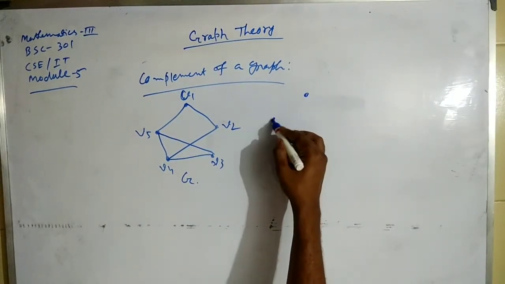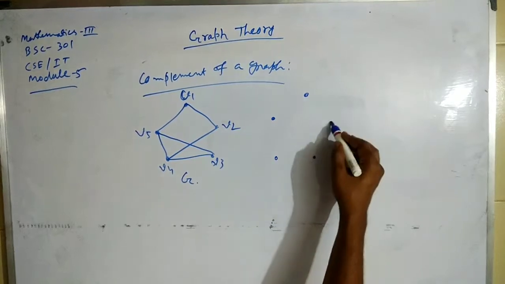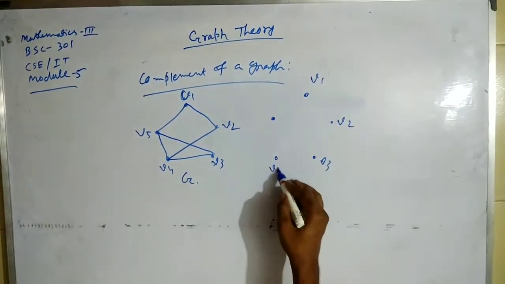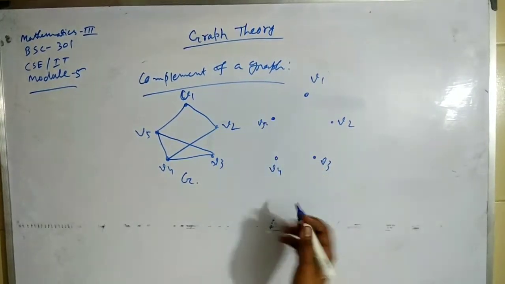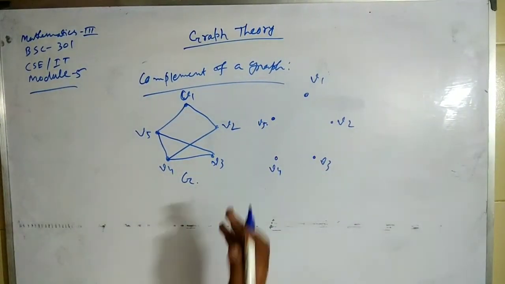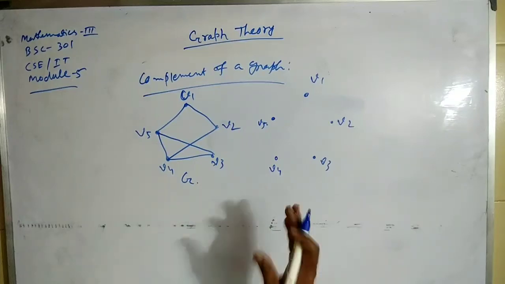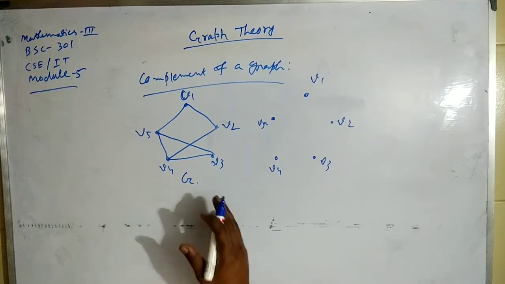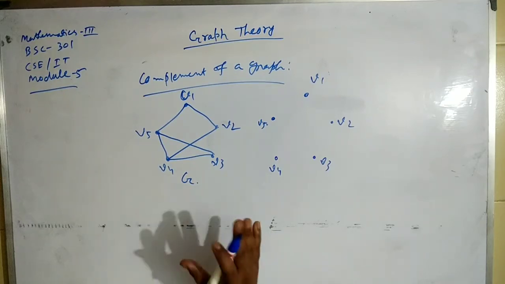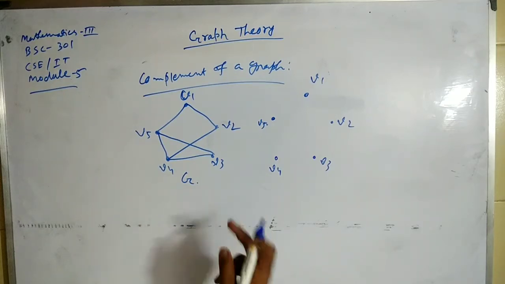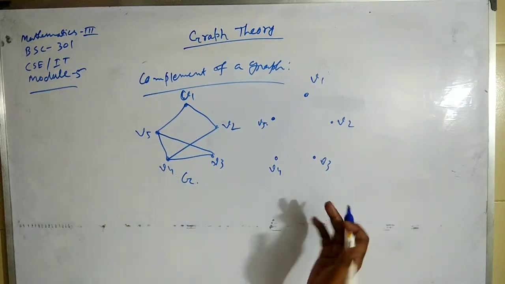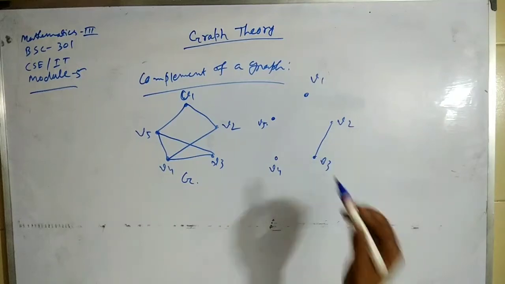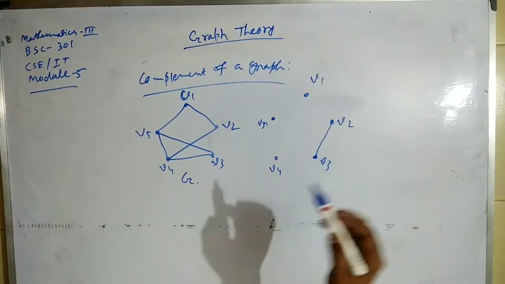So you have to draw the same vertices V1, V2, V3, V4, V5, and you have to identify which pairs of vertices are not adjacent in your given graph, and connect those pairs of vertices by an edge. You will not draw the edges which are present in G. So V2, V3 is not adjacent.